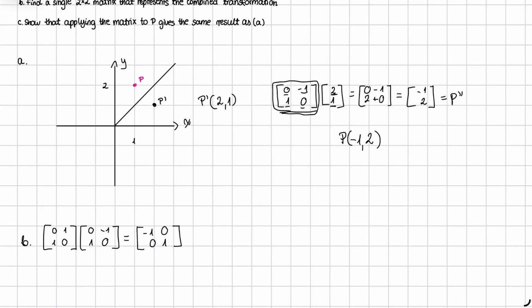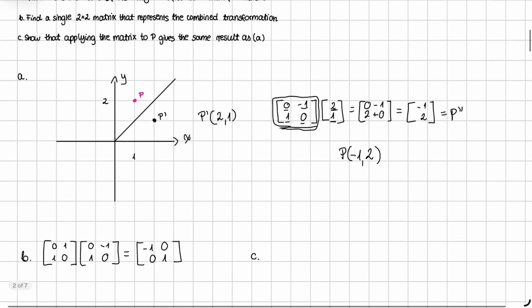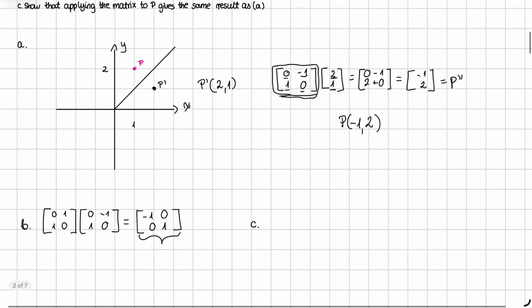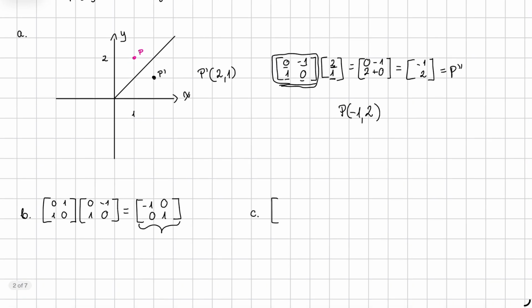So that's our single matrix that represents the combined transformation. C. Show that applying the matrix to P gives the same result as in point A. So we have our point with coordinates (1, 2), and we have to multiply our new transformation matrix with our point P. Of course, firstly we are writing down our transformation matrix because of the rows and columns, and then our point P, (1, 2).